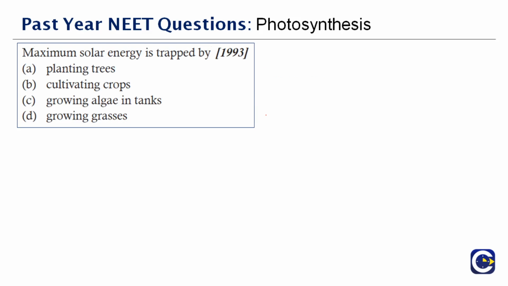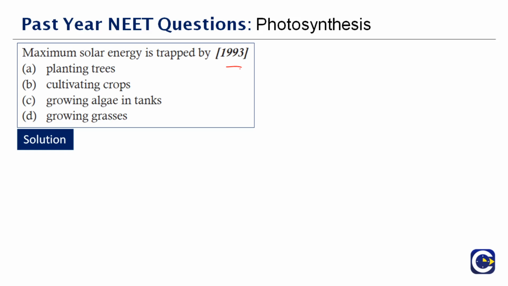Next question here, which was asked in the year 1993. Maximum solar energy is trapped by dash. Again, as I explained in the earlier question, see how much predominance is shown from the algae side, because algae can grow in any place which has moisture, but a plant can't do that, right?